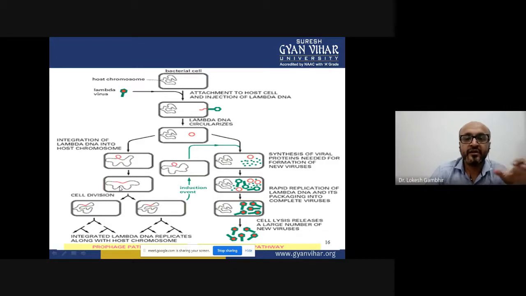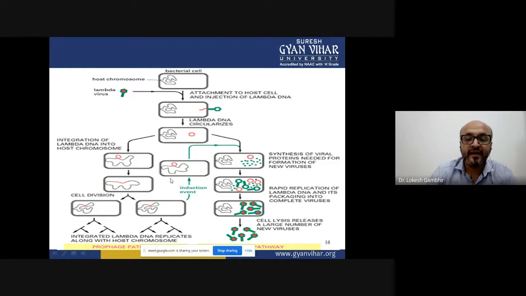And upon induction, upon stimulation after a certain period of time, this integrated part can be detached and maintained again as a circular double strand DNA, and then it can opt to go to the lytic cycle. Now what is the lytic cycle? Once it is in a circular double stranded form, it decides that it will not integrate. Now it will start its life cycle.